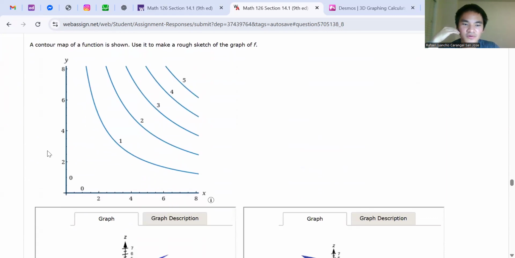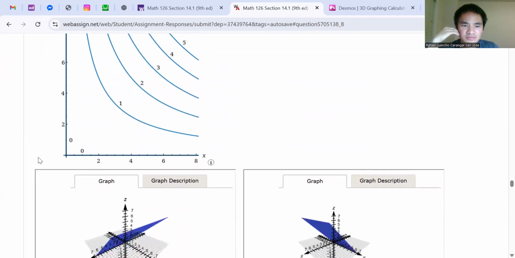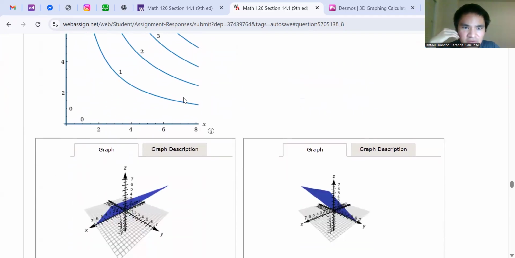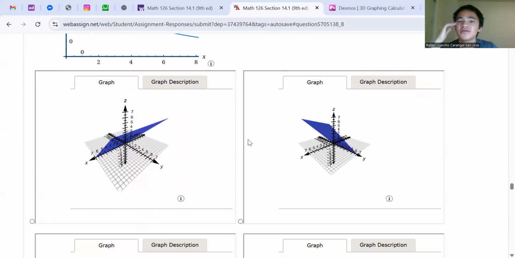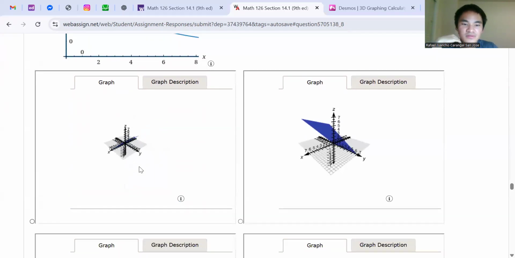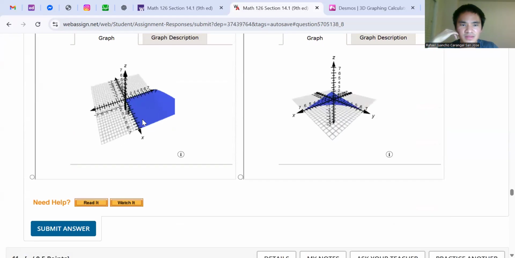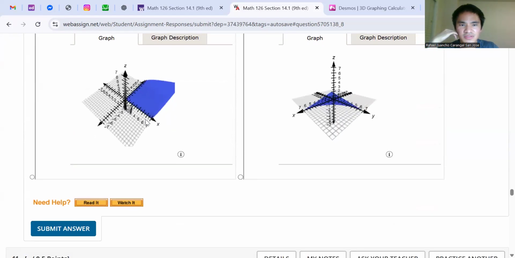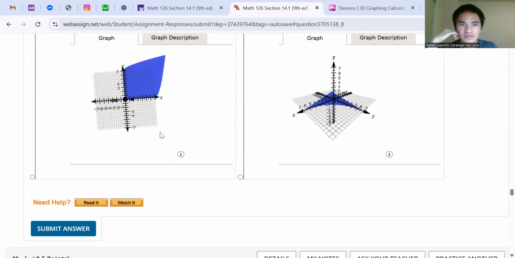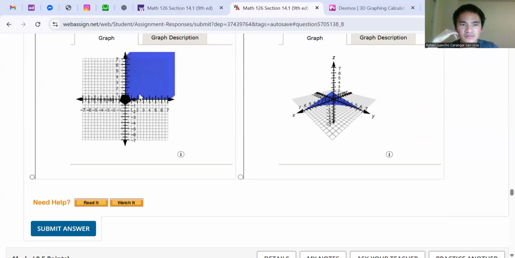Let's see. So at z equals 1, it should have a curve. These are curvy, so I can immediately eliminate these two. So I would just look for these two. Look at it from here, actually.